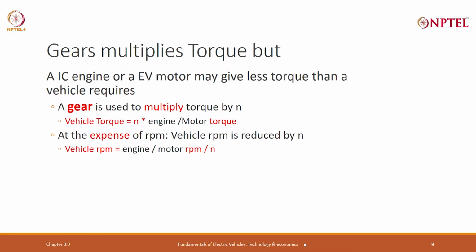Of course, therefore, you can multiply torque and reduce RPM. You can do vice versa also.